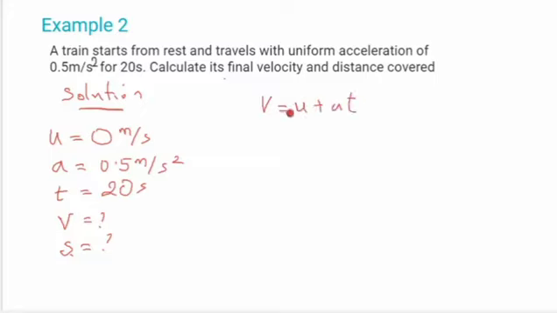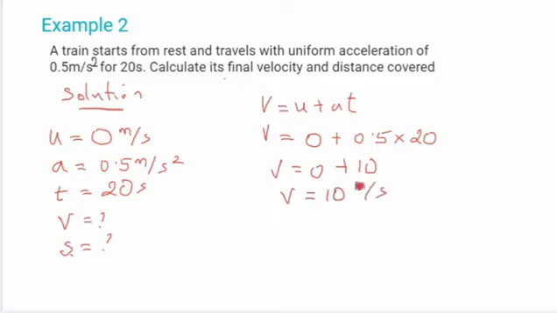So I can find my V. I know U, I know A, and I know T. Substituting my values, V equals U, which is 0, plus A, which is 0.5, times T, which is 20. So V is equal to 0 plus 0.5 times 20, which gives us 10. So V is 10 meters per second.